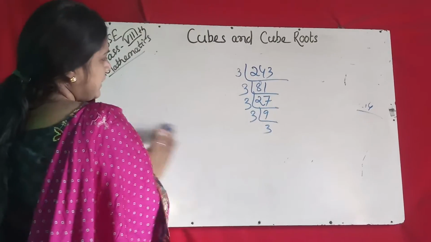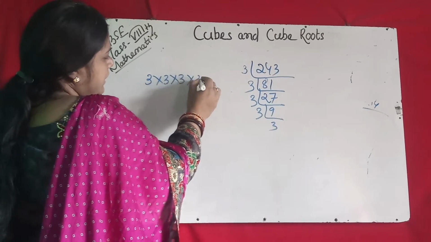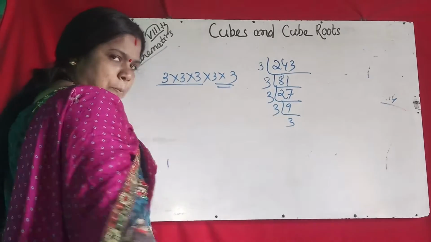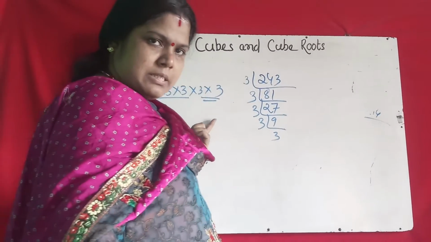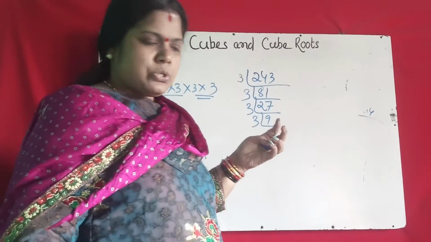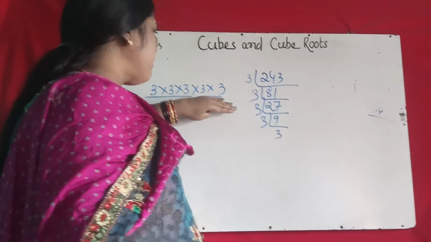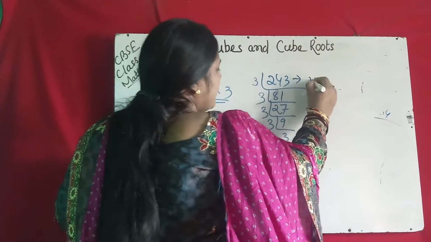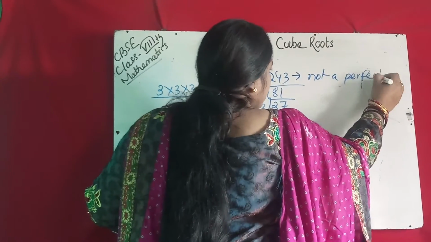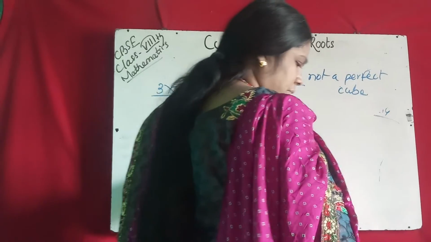So the prime factorization is 3 into 3 into 3 into 3 into 3. Three numbers are grouped, here only 2 numbers remain. In the prime factorization method, every prime number must appear 3 times. So there are 2 threes remaining, which means it is not a perfect cube.